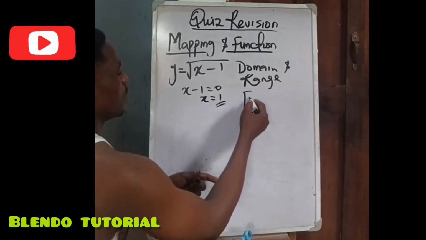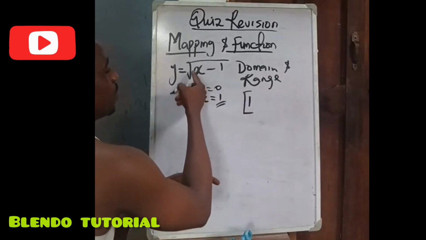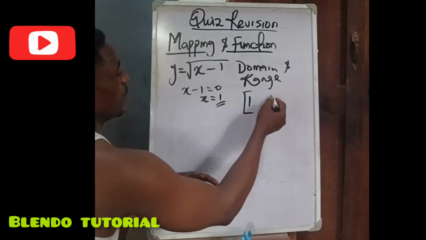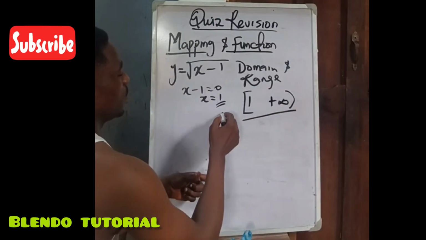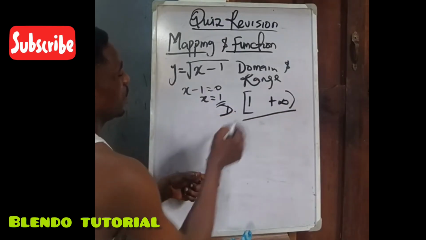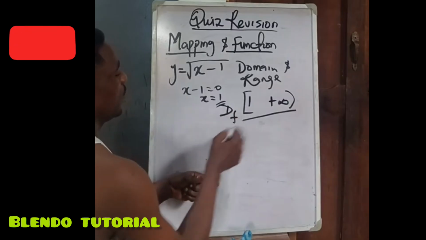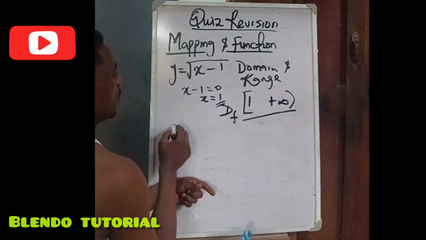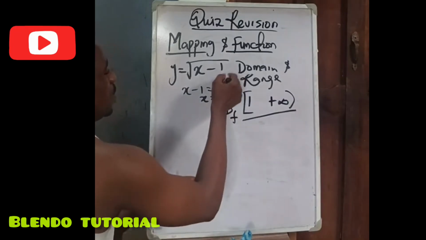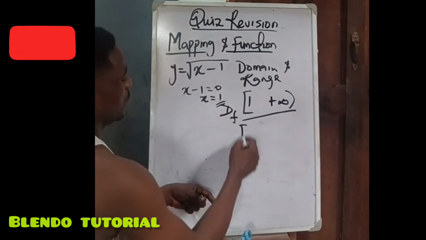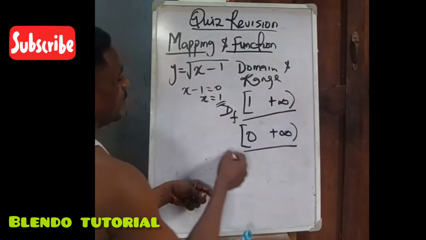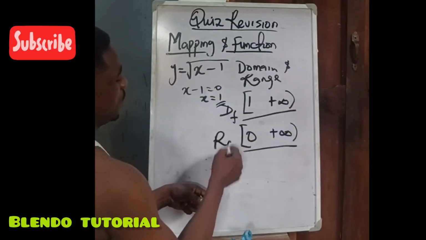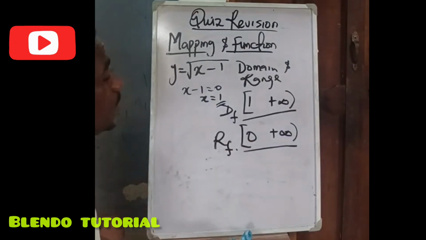Close this at 1. The coefficient of x is positive, so positive infinity. And that is the domain. Now, the range is greater than or equal to 0, so 0 to positive infinity. So this is how we go about the domain and range of functions.